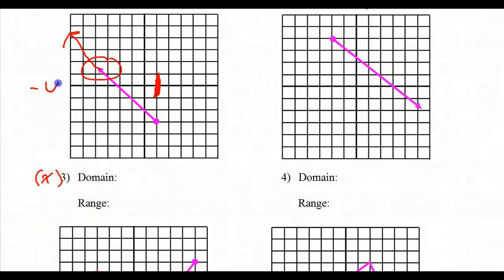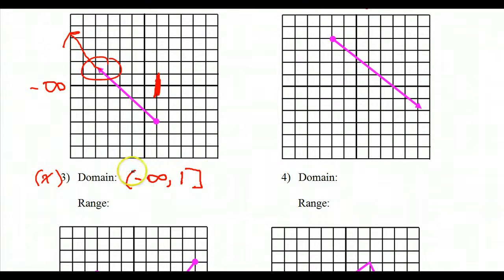So basically, when I ask myself, how far does this graph go from left to right? On the left, I'm going to have to say negative infinity, all right? Because there is no end point on the left. So I will say from negative infinity to. Now on the right, it ends at positive 1. So I will put positive 1. By now, you've noticed that I used a round parenthesis on the negative infinity.